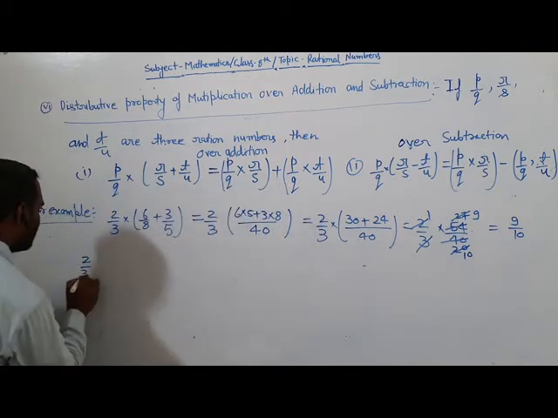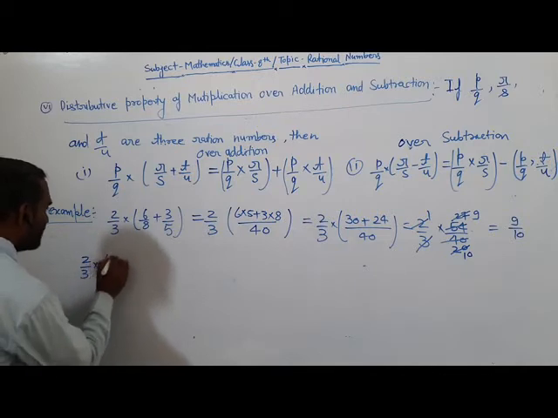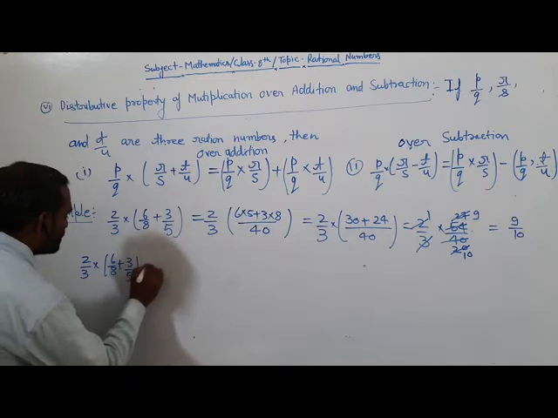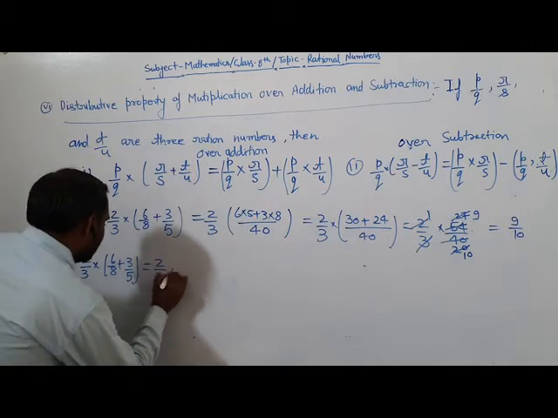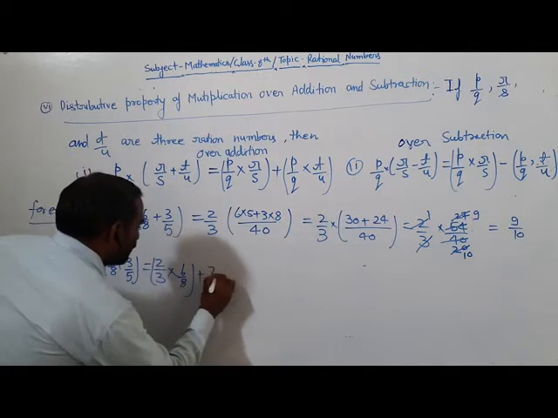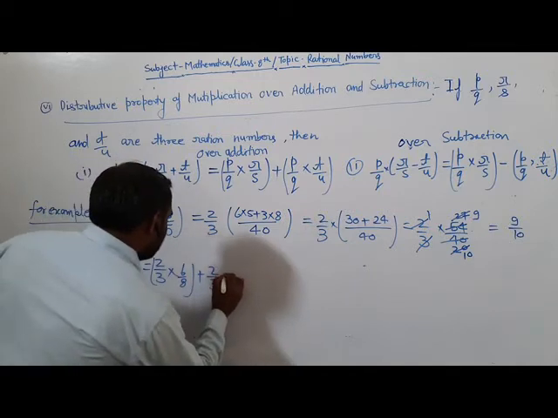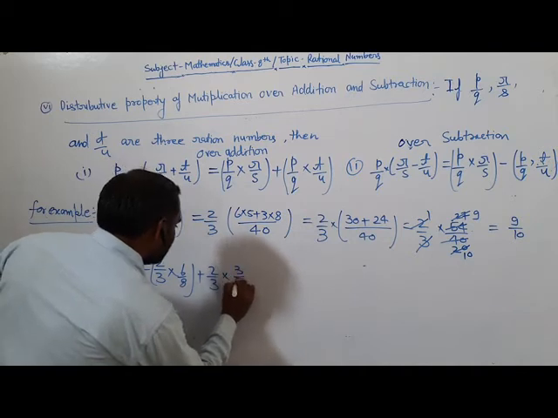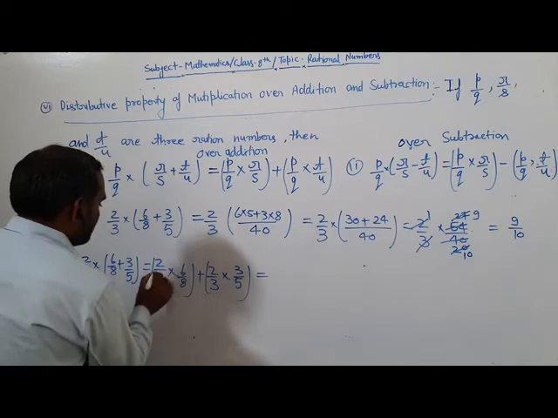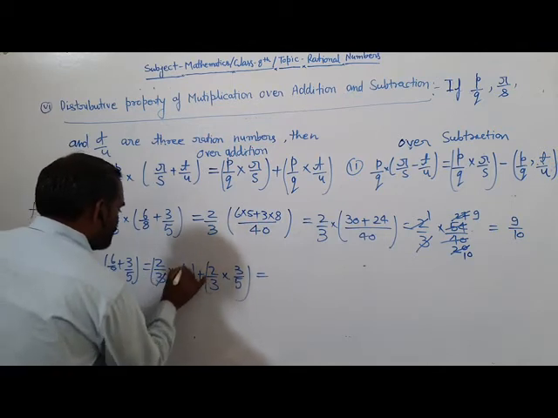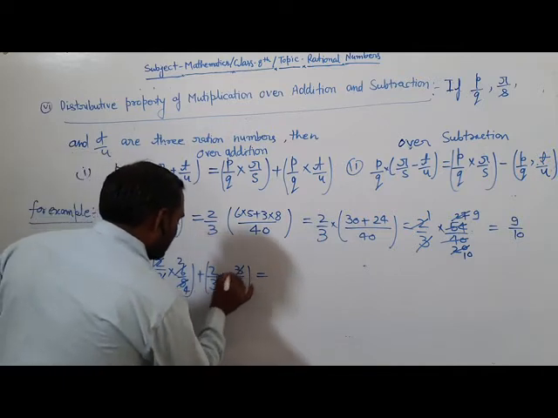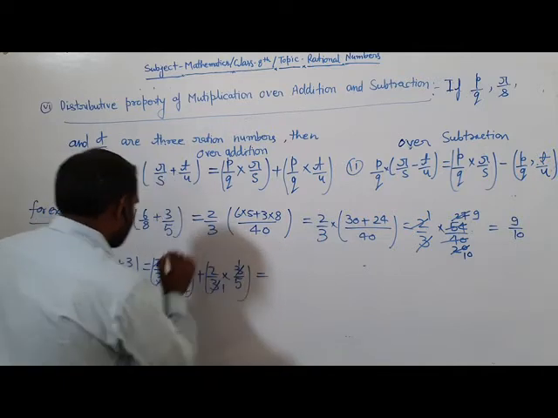2 by 3 into (6 by 8 plus 3 by 5) is equal to (2 by 3 into 6 by 8) plus (2 by 3 into 3 by 5). 3 2 is 6, 2 4 is 8. 3 is cancelled, 3 1 is 3.